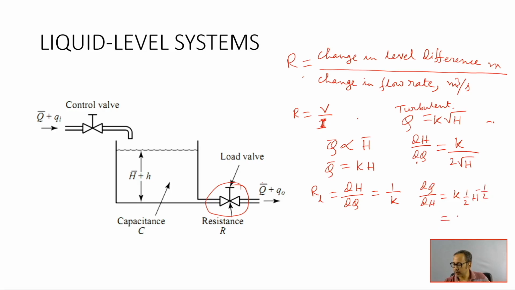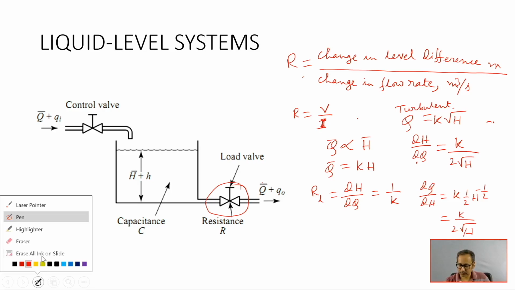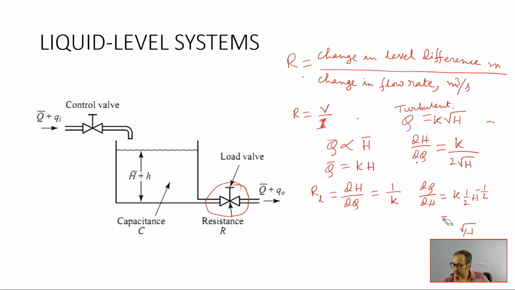So, that means this is k divided by 2 root H. dQ by dH is equal to k half this one.